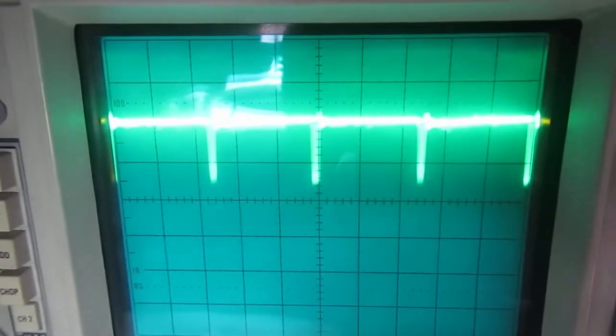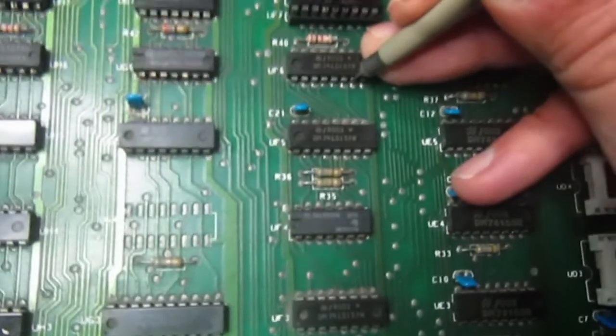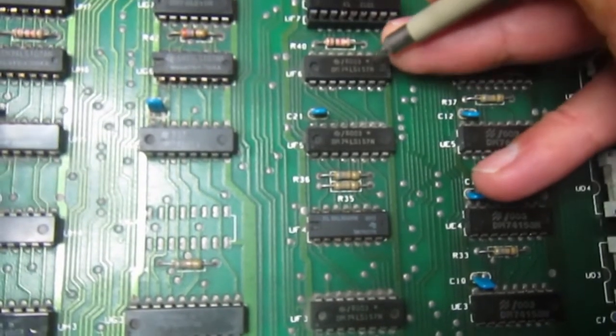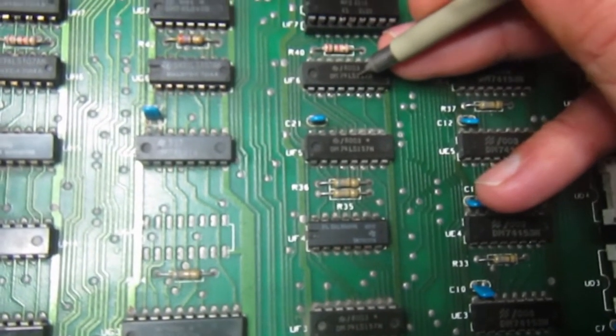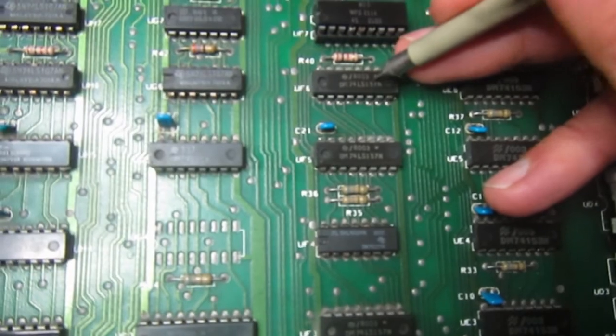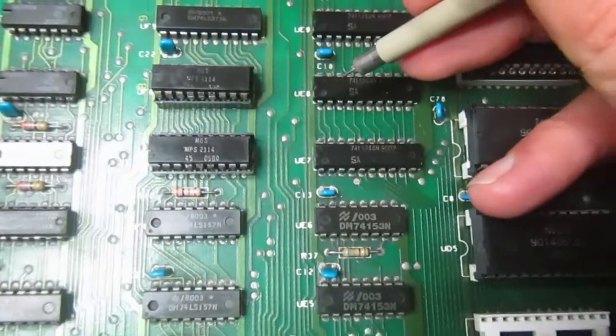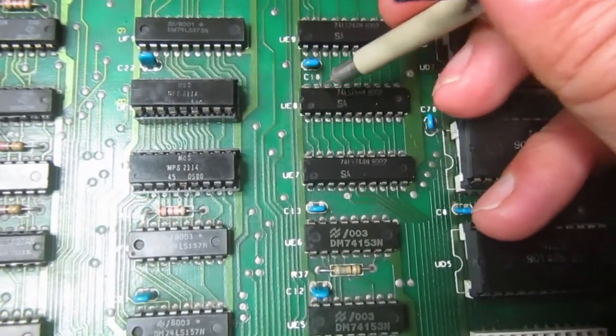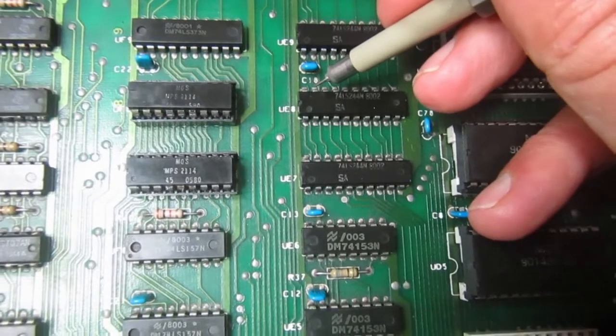It's the same as pin 19, of course. So it may be UF6 that is bad, or UE8 that's causing noise on that signal.